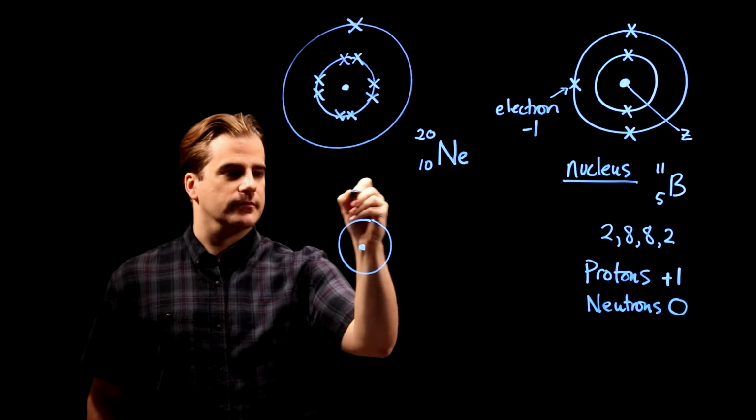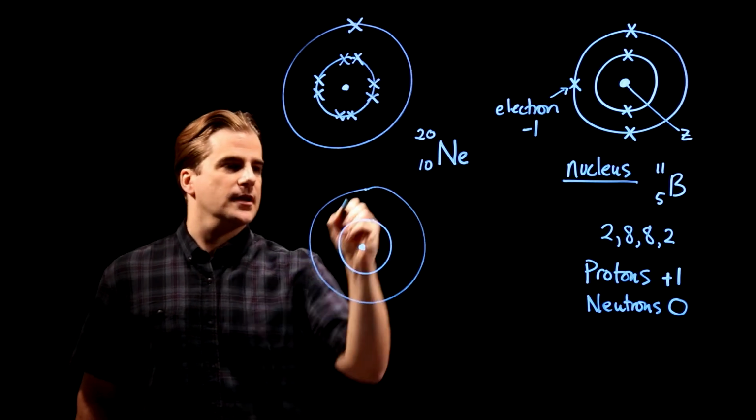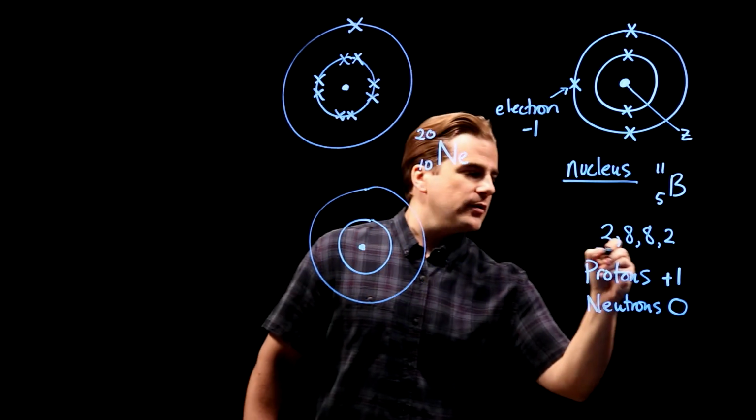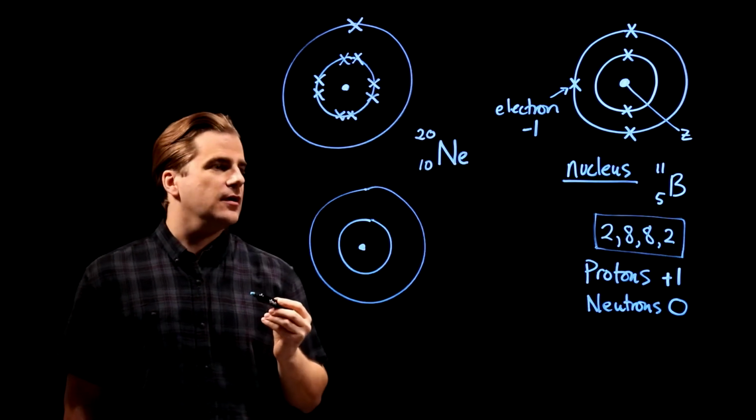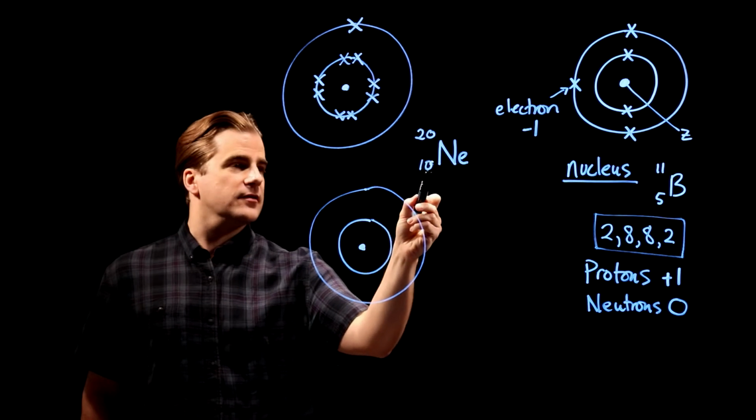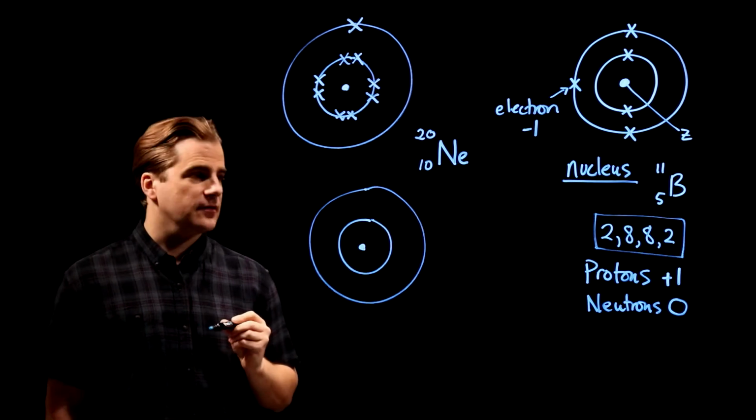So why don't we draw the correct version? Okay. Again, it's going to fill up in the order 2, 8, 8, 2 from the inside to the outside. And we've worked out we've got 10 electrons.